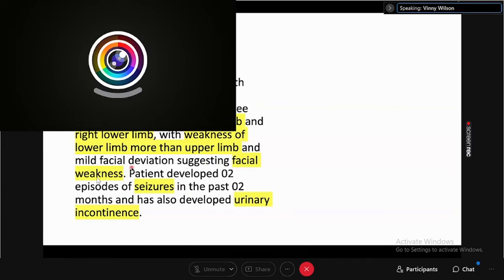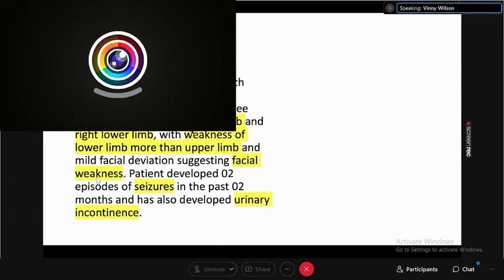So we know that this is not a crossed hemiparesis, because the cranial nerve palsy is on the same side as the hemiparesis or the limb weakness. So because they're on the same side, this is not a crossed hemiparesis, and hence all the brainstem localizations are ruled out. So our lesion has to be above the brainstem. So above the brainstem, the possibilities were between an internal capsule lesion or a cortical lesion.